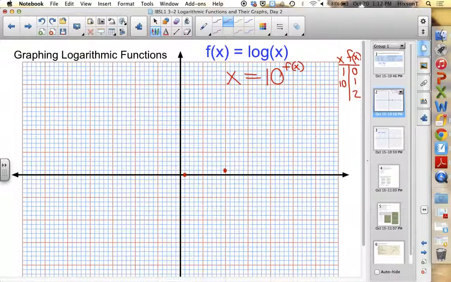What does x have to be? 100. Okay, now, obviously that's way off of our graph, but that should show us, we're not going to get up to 2 until way over here at 100. So this is not going to increase very much. So, this side of the graph looks like this.